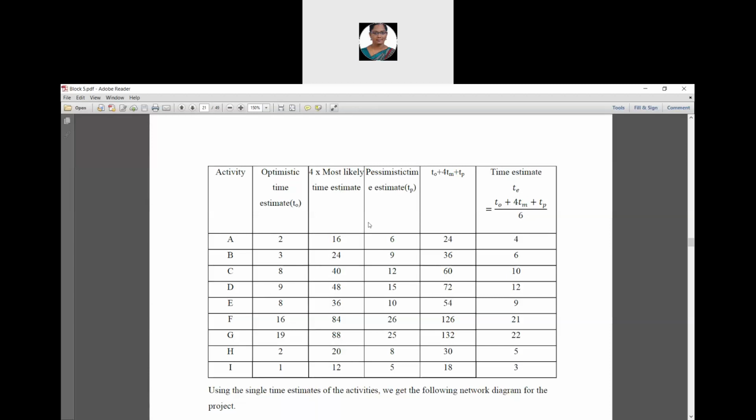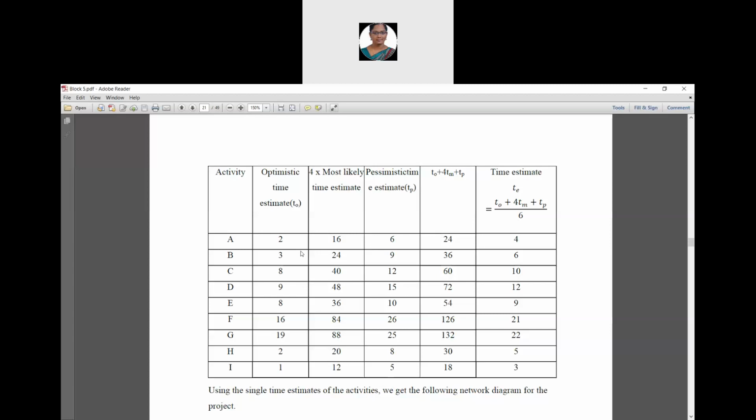Then the next column denotes pessimistic time estimate values. These values remain the same, and the next column denotes the addition of the values for T naught, 4Tm and Tp. Then the last column denotes the time estimate values for each activity.